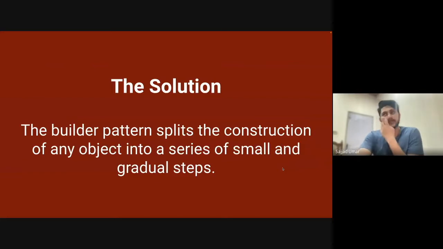That's how builders work. The intention is to create a way or a platform which can divide the creation of that particular object into smaller steps. Output from one step can be input for the other step, and eventually we have a full object.